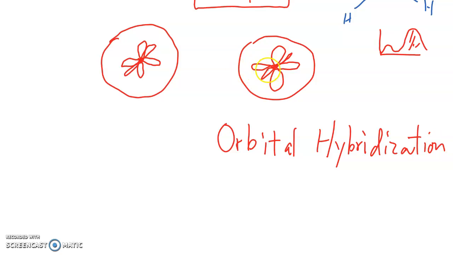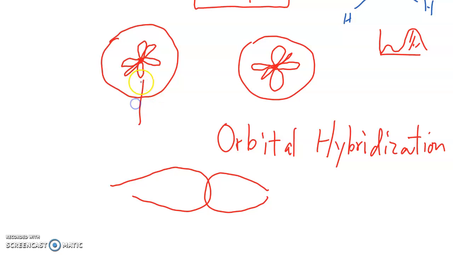That means the s orbital in this case will combine with the p orbital and generate a certain shape so that it can form a bond with the other carbon over here. So this carbon will hybridize its orbitals in order to generate the right shape.